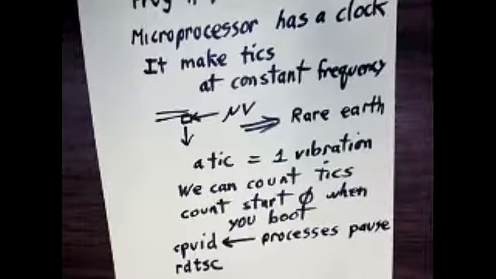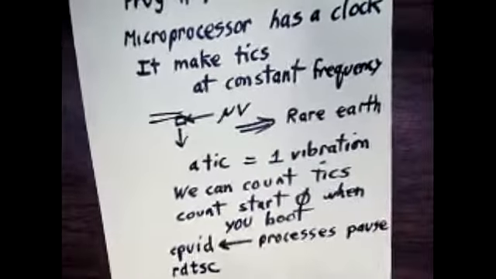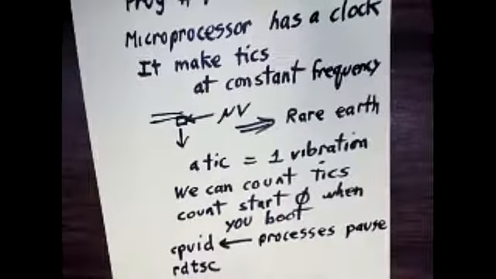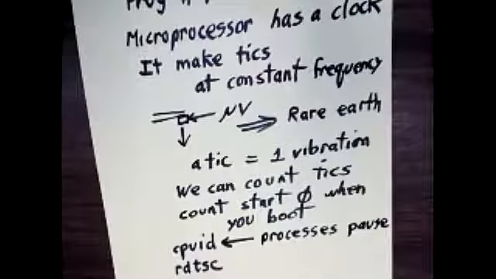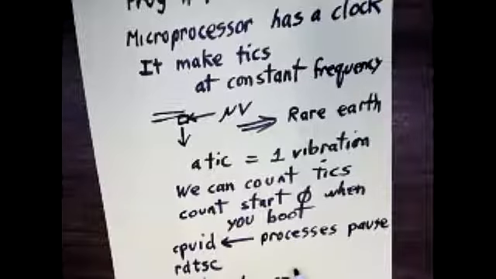Why do you want to do that? The clock is often used for benchmarking the speed of execution. Benchmarking refers to testing some software to see how fast it executes.